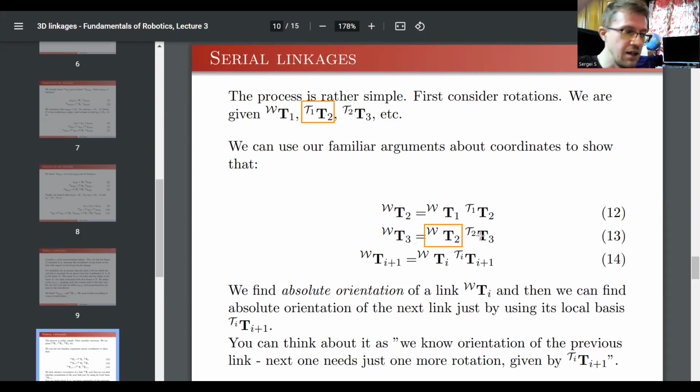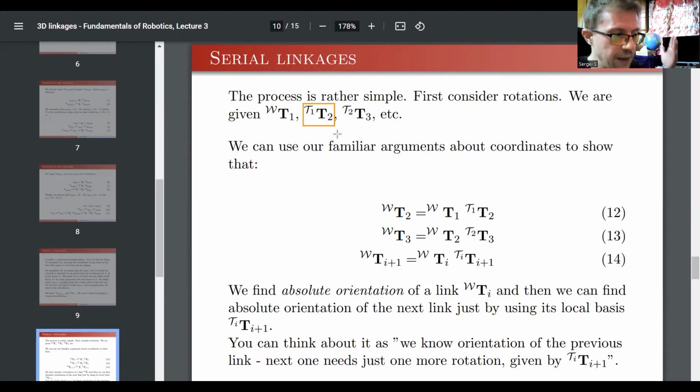What you're saying is, here's the absolute orientation of the second frame. Relative to it, we have a small rotation we need to do. We have an absolute orientation, we do this rotation, and we get T3. It doesn't make any sense to say, here is a small rotation to get from T1 to T2, so let me find T3 by rotating by this small rotation.